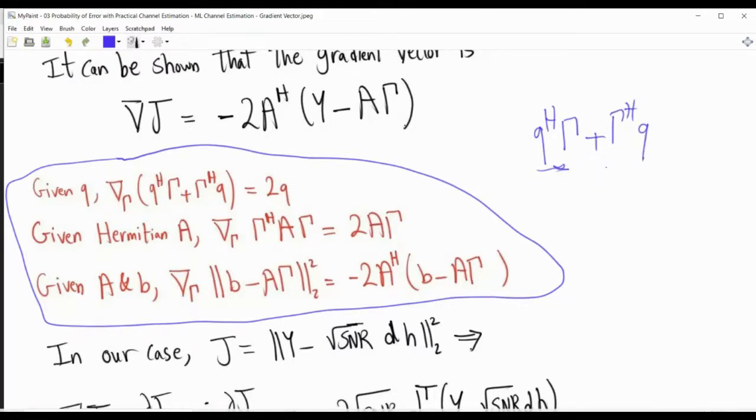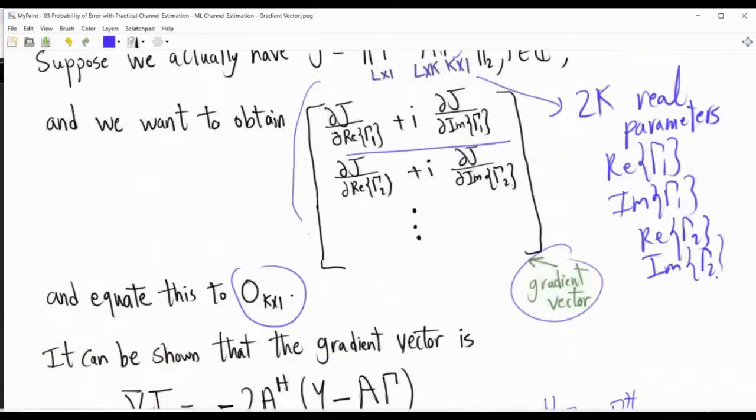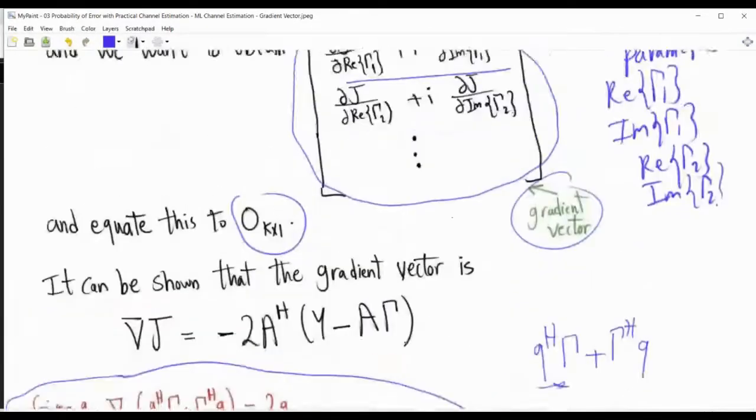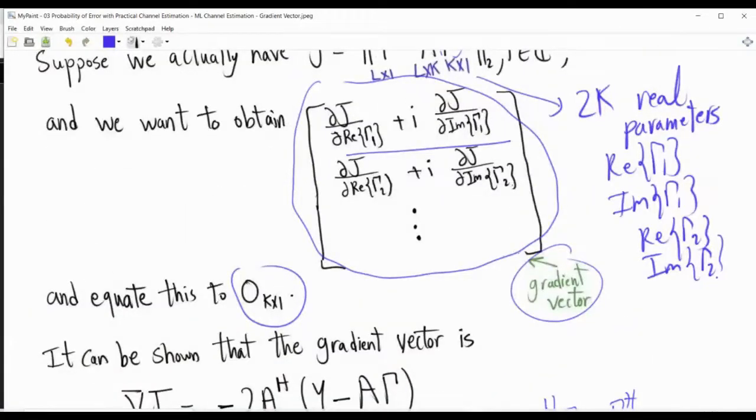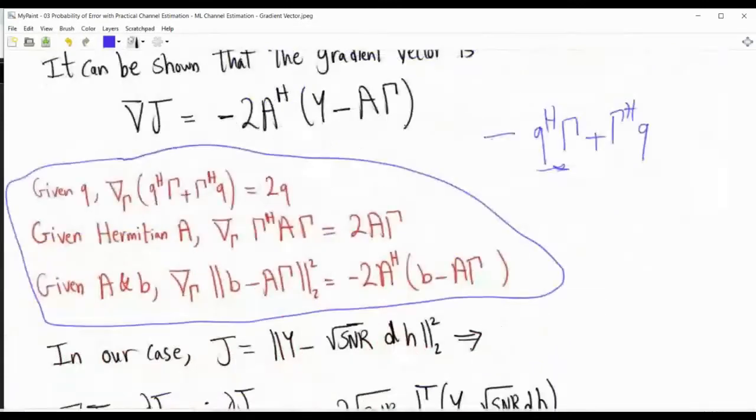Suppose you want to obtain this vector. What is this vector? It's a vector carrying the partial derivatives, and if you equate it to the zero vector, you are equating each partial derivative to zero. So how can we get this vector directly? In this case it is simply 2q.